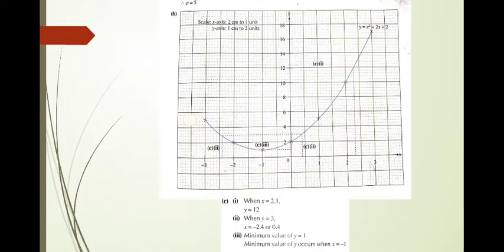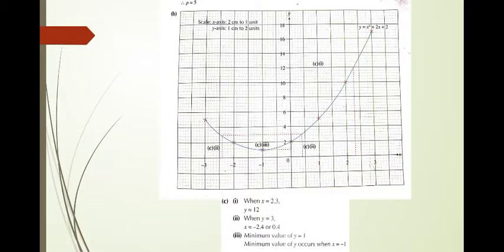Plot until all the coordinates are done. Then you just draw a curving line, not polygon lines, but a curving line. Just plot all the coordinates and connect them all using a curve.